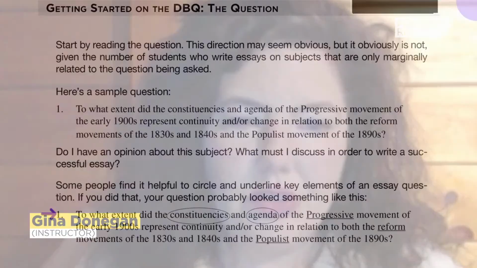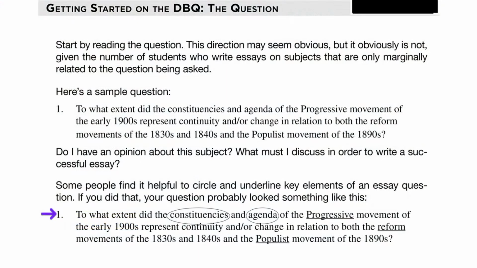So when we look at our prompt, we see some important keywords like constituencies. Now, what are constituencies? Hopefully, this is a word you've seen before. If not, you might have to take a guess based on context. But a constituency is basically a group of people who are either part of a movement or support it or might benefit from it in some way.